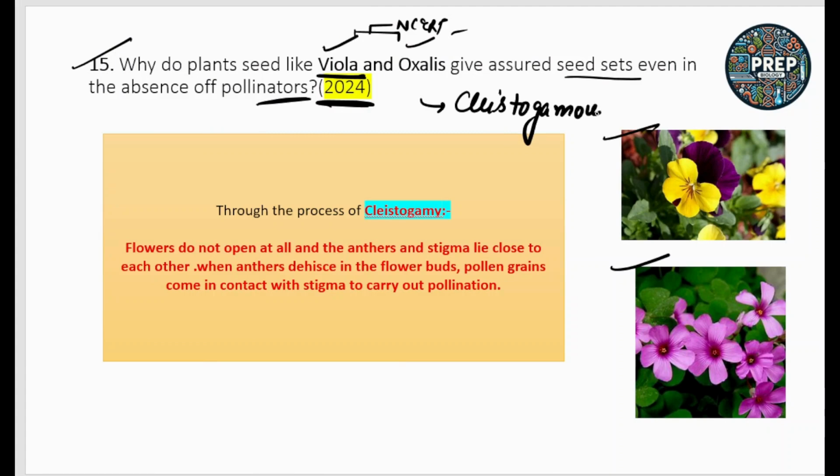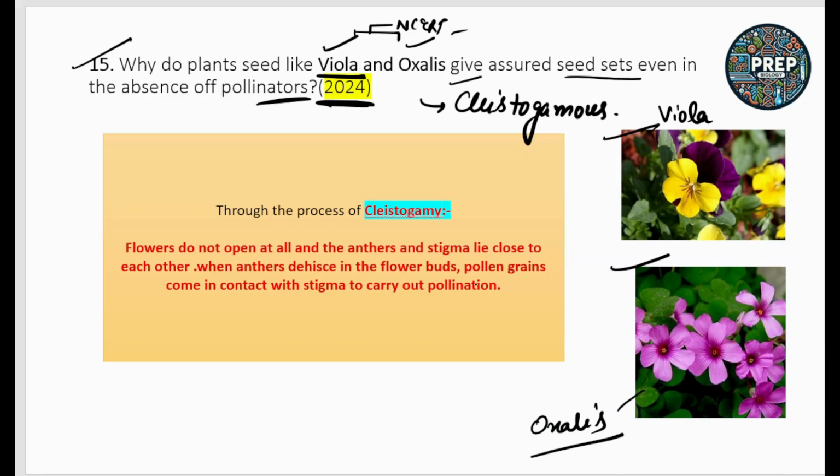In one of my YouTube lectures, I have mentioned the difference between cleistogamous and chasmogamous flowers. Cleistogamous flowers are flowers which do not open at all, and anthers and stigma lie close to each other. This is the flower of the Viola and this is the flower of the Oxalis.